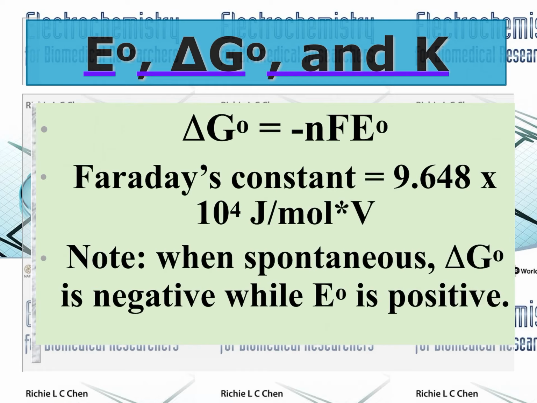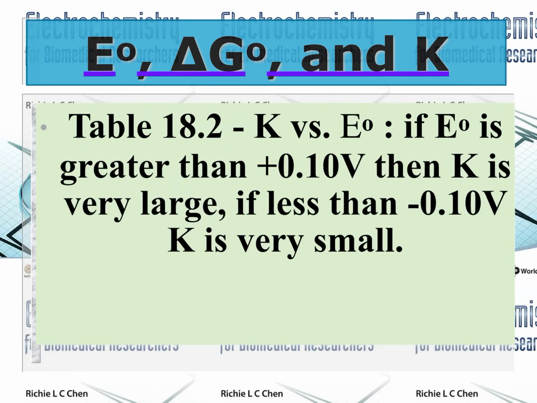So if E naught is positive, that means we have a strong driving force forward. So that means that delta G naught must be negative, spontaneous. Now, in terms of equilibria, K is going to be very large in favor of products if we have a high voltage, and they consider anything over a tenth of a volt to be pretty high.